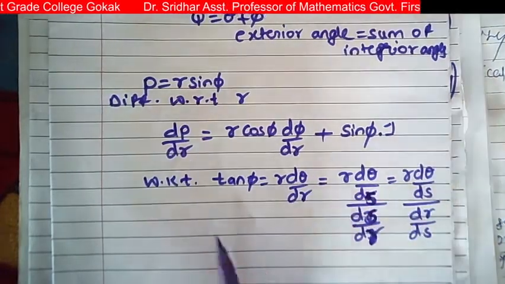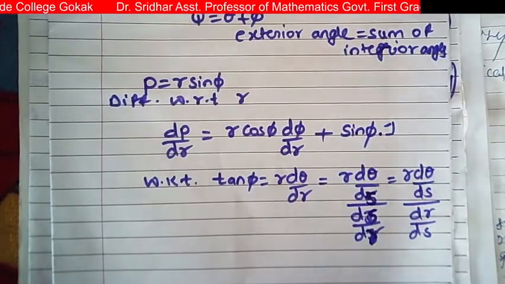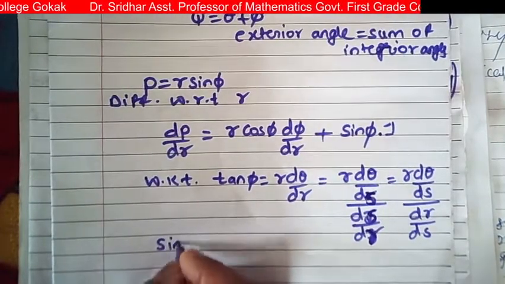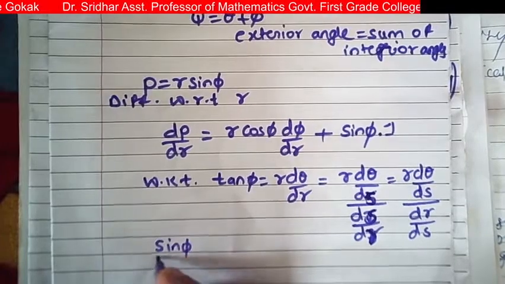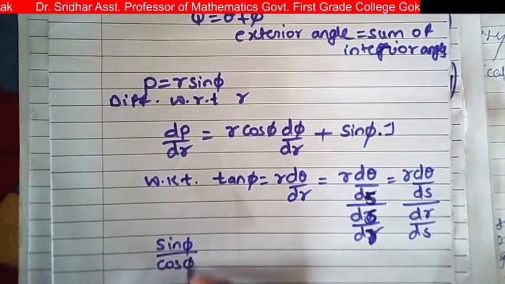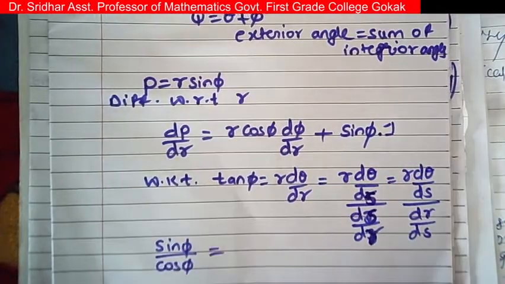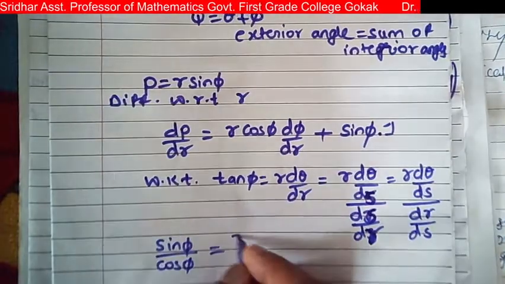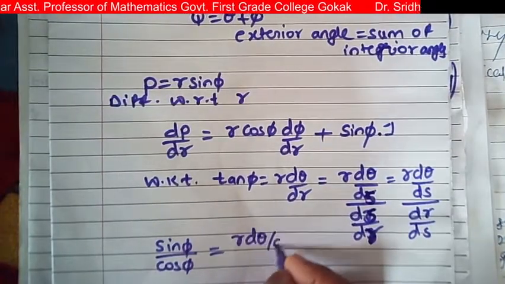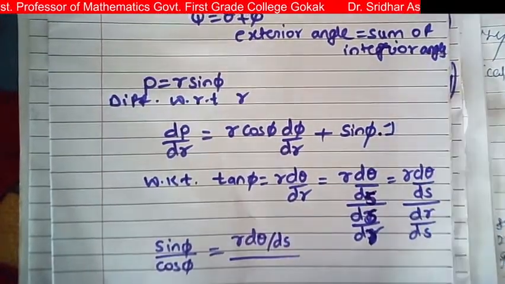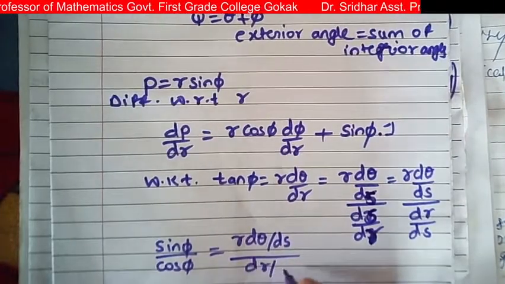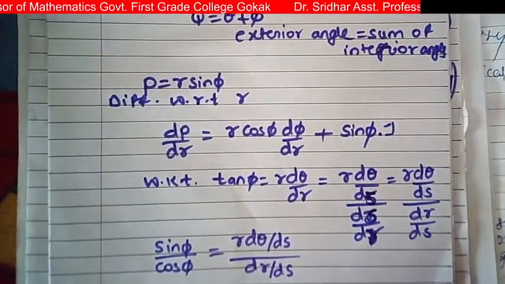So this tan phi can be written as sin phi divided by cos phi, which is equal to r d theta by ds divided by dr by ds.